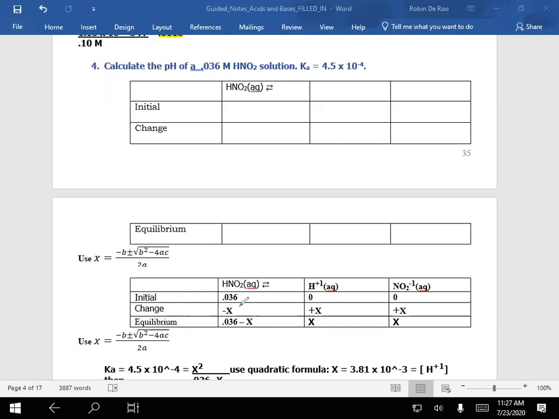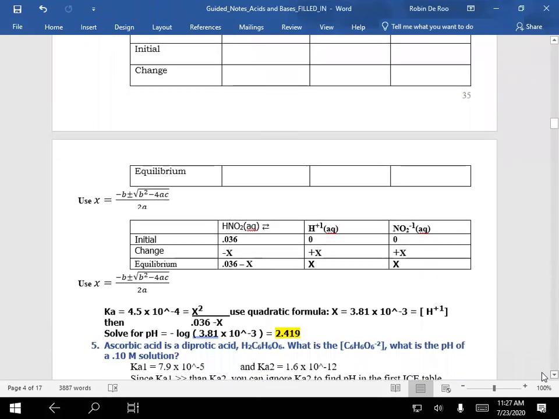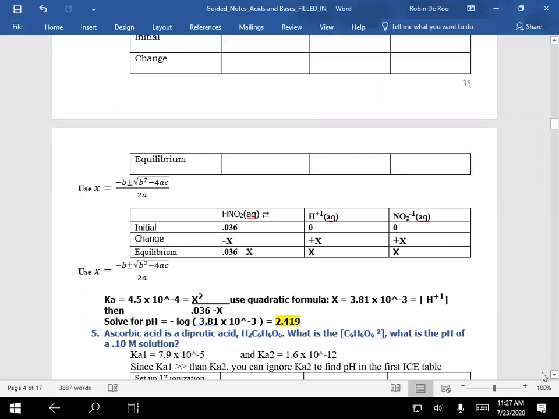It's going to be minus X, plus X, plus X. And then we follow through and get our equilibrium row. And then be prepared to use the quadratic equation.